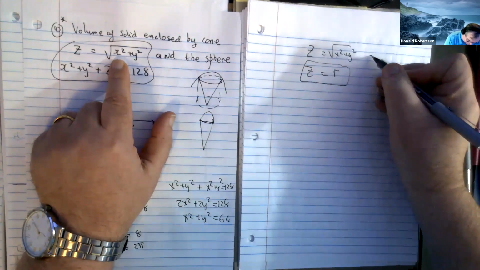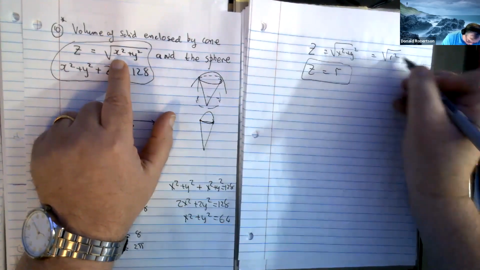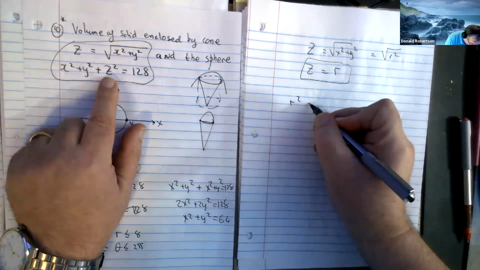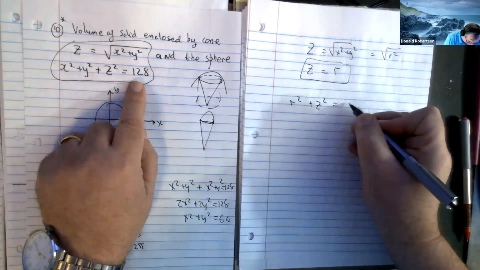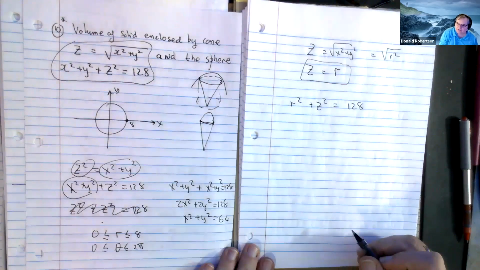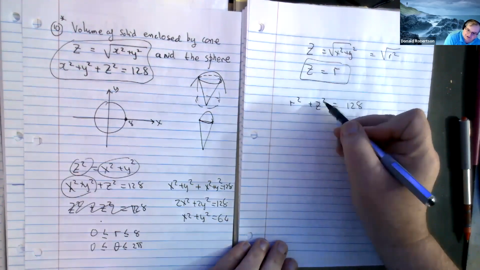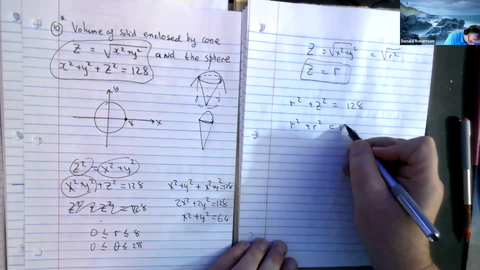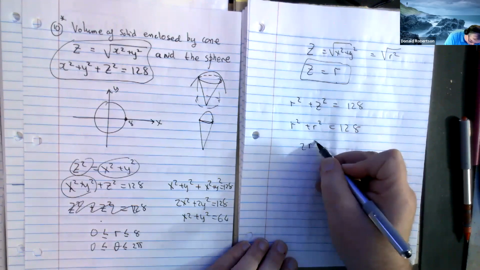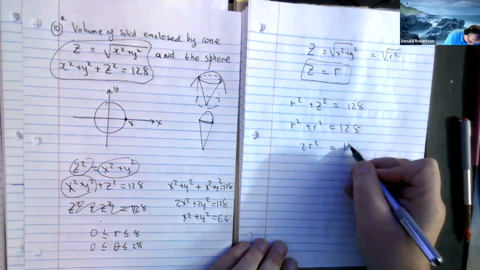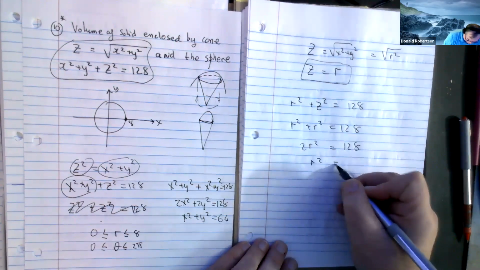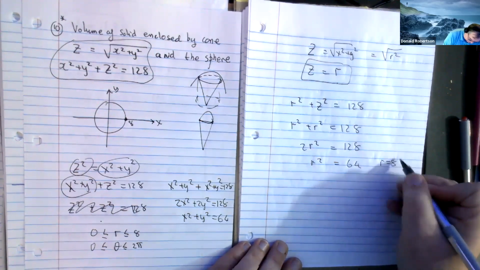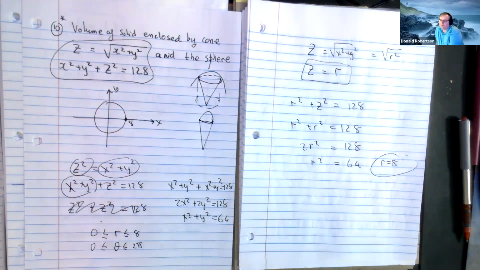And this guy would be r squared plus z squared equals 128. And then I could replace the z with r, and I'd get r squared plus r squared is 128. So 2r squared would be 128. So r squared would be equal to 64, which means the radius is 8. So I would have found it out that way as well, wouldn't I?